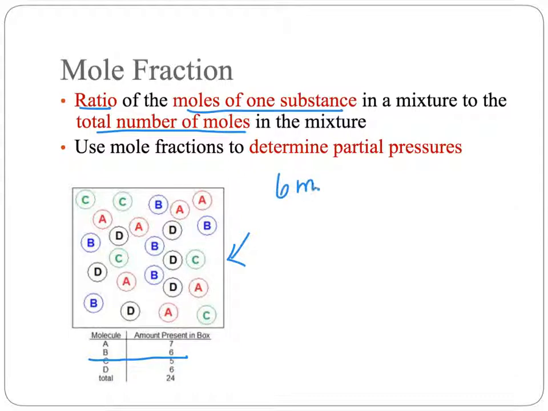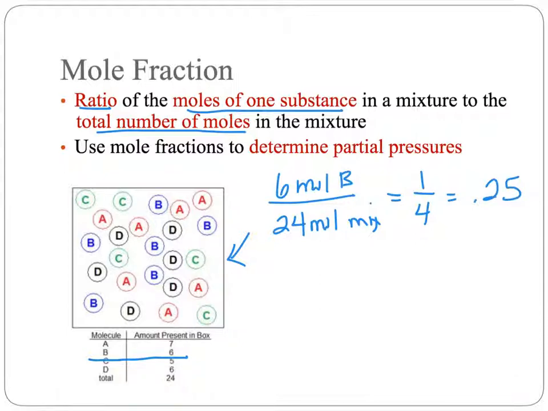So if you have 6 moles of B out of the total of 24 moles in the mixture, then the ratio for B would be 1 to 4 or 0.25. So here's our mole fraction of B. The mole fraction of B is 0.25, and we can use that then to determine, if we know the total pressure in the box, that 25%, basically 1/4 of the pressure, was going to be provided by the particles of gas B.